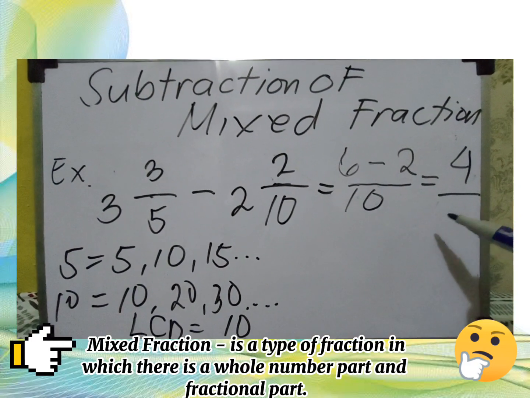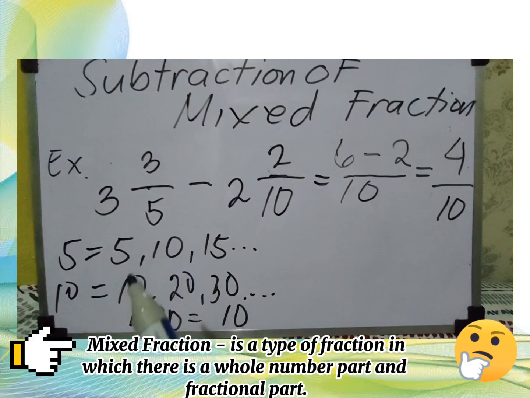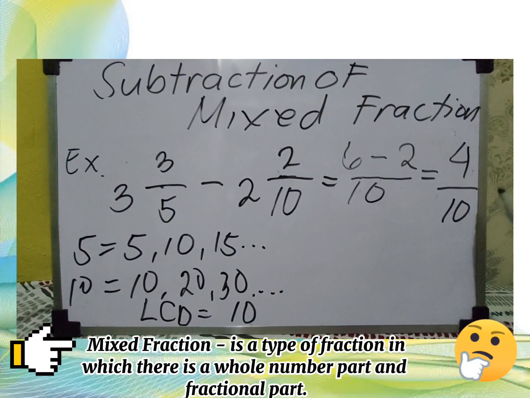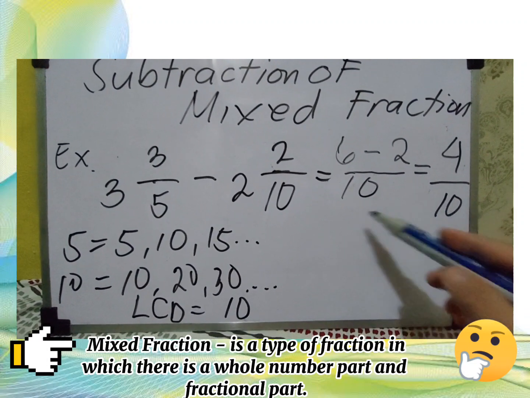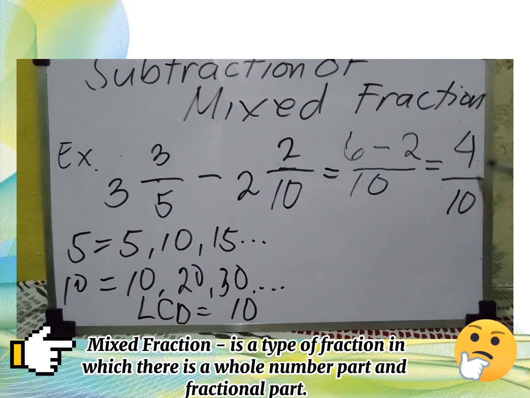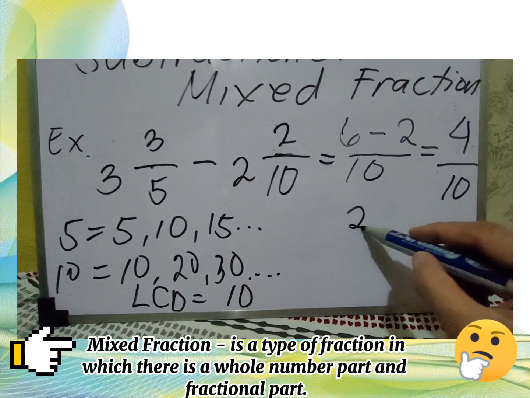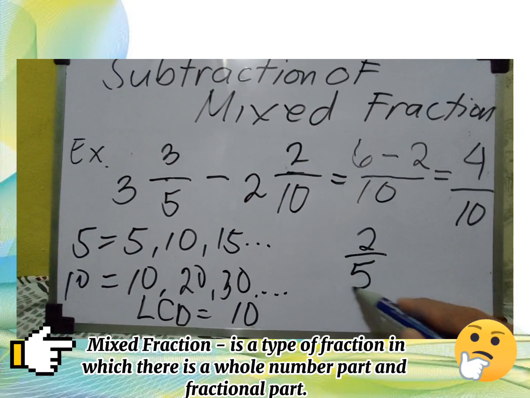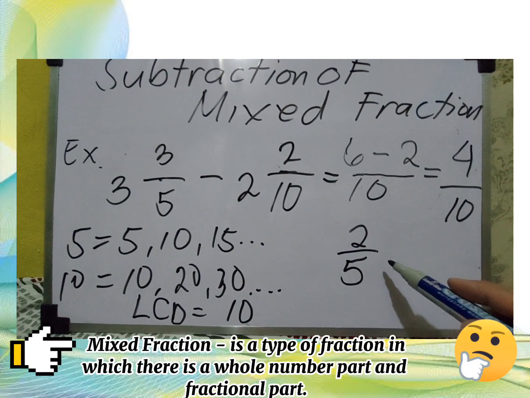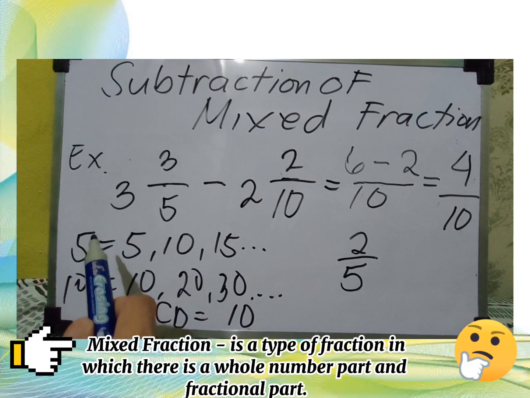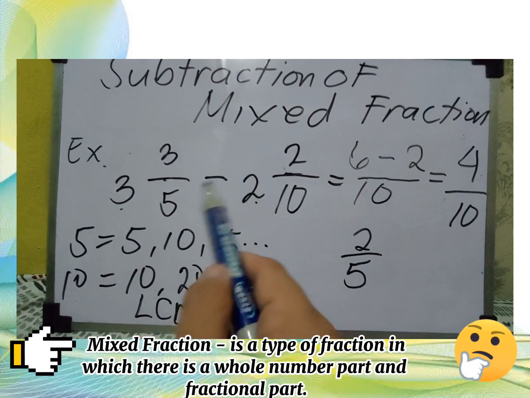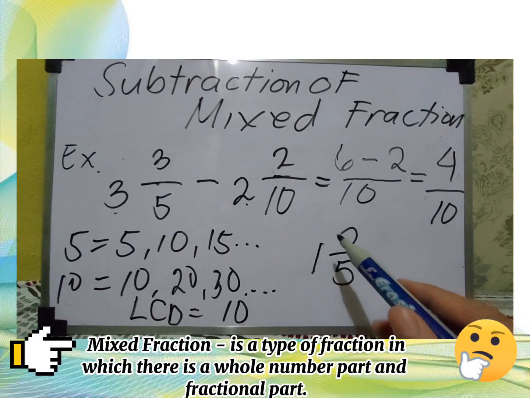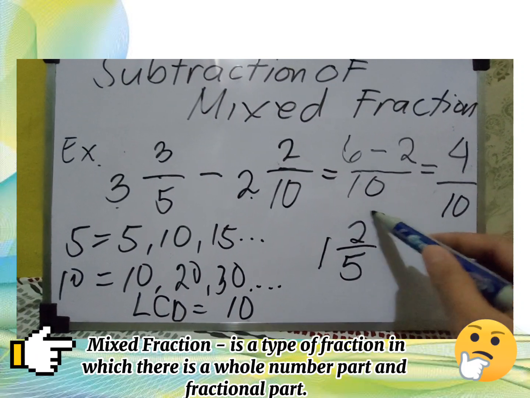Copy the denominator, 10. If possible, class, we reduce our answer to lowest terms. 4 and 10 are divisible by 2. We divide both by 2: 4 divided by 2 equals 2, 10 divided by 2 equals 5. Next, we subtract the whole numbers. 3 minus 2 equals 1. Our final answer is 1 and 2/5.